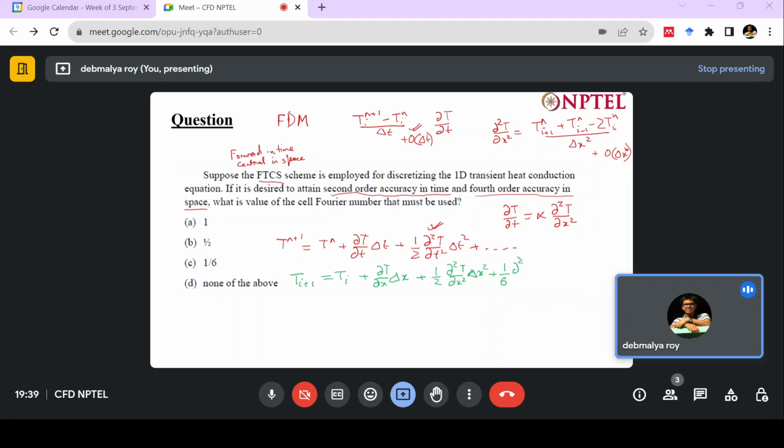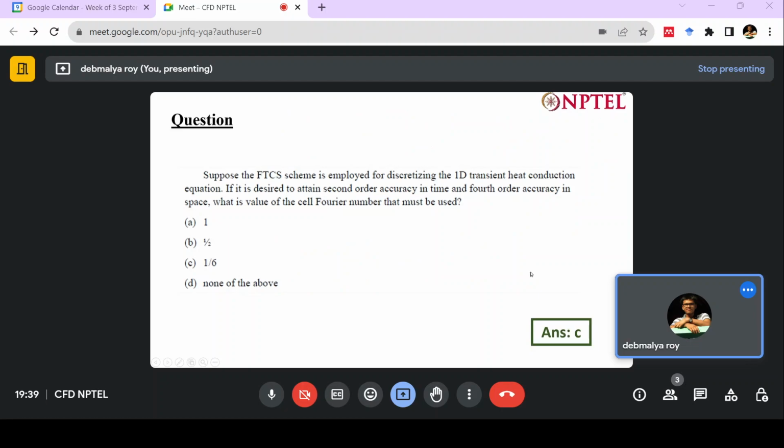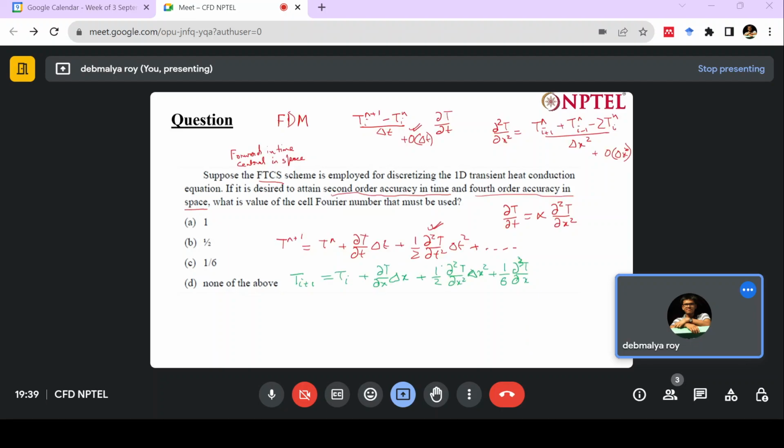Del to the power 4 T by del x to the power 4, delta x to the power 4. So this much we require.